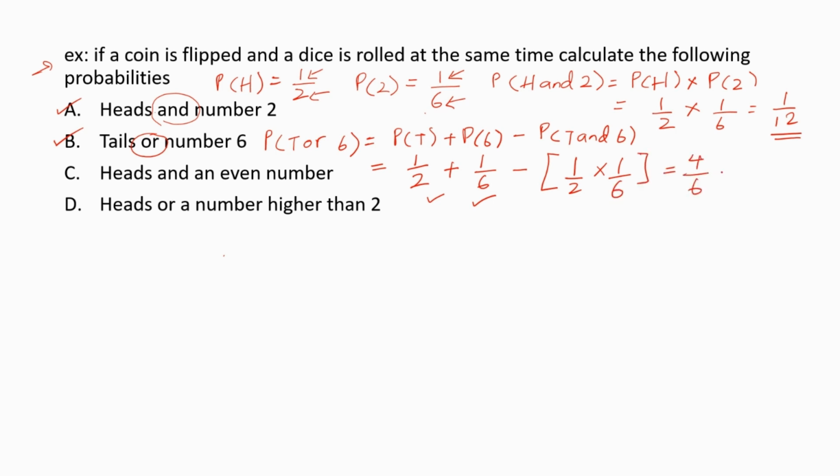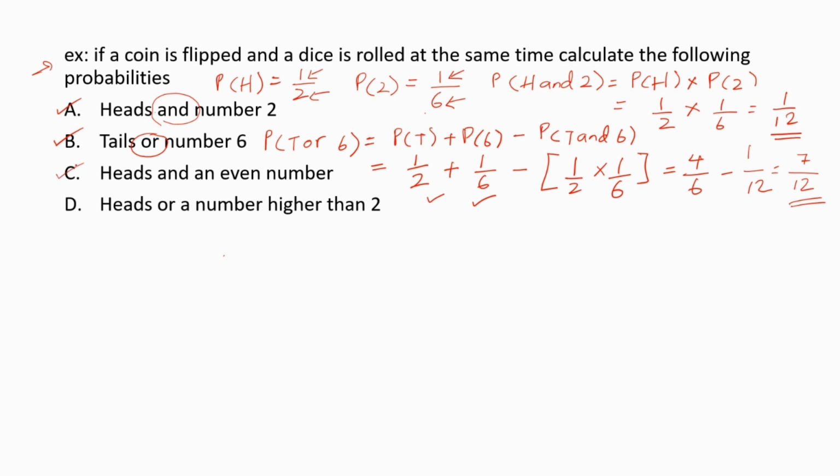This equals 4 over 6 minus 1 over 12. This is the probability. Now you understand what the multiplication law and addition law are. Let's do the other options as well.